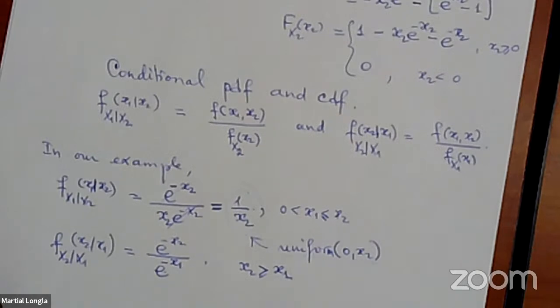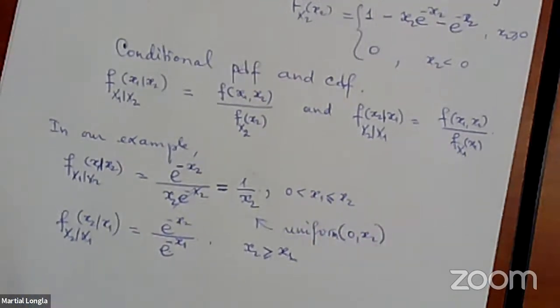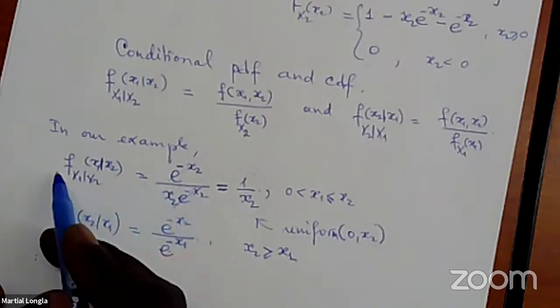In this case, it looks like what we call the truncated exponential distribution. You took a random variable that was exponential, and then you cut it at x1, and you're just looking at the tail. So that's what the distribution is equal to. To get the conditional CDF, of course, we integrate this.